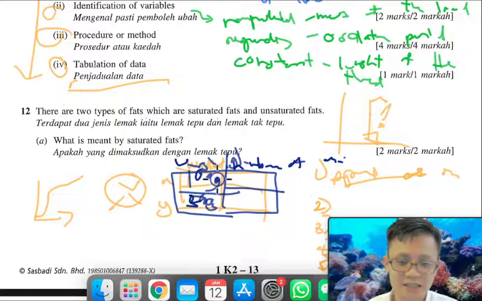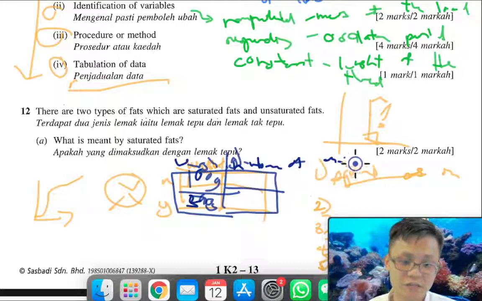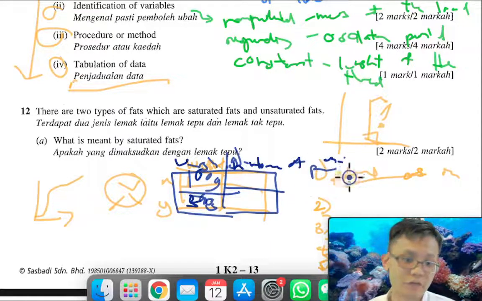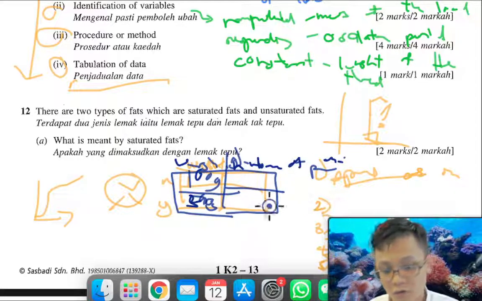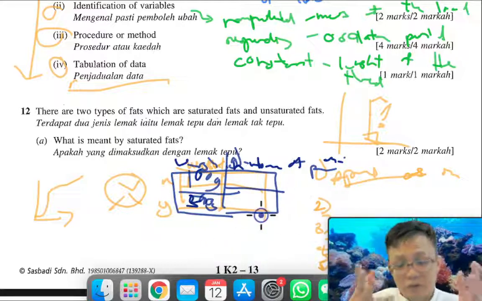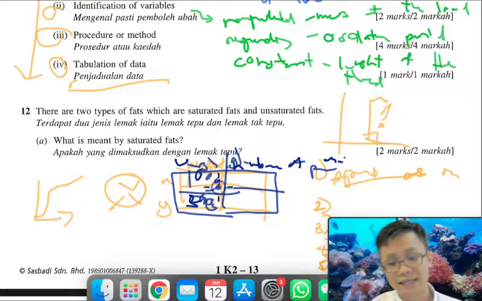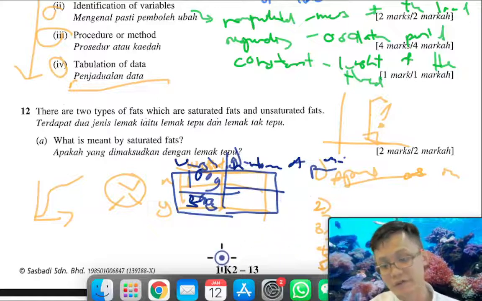So usually the part where students lose marks is the unit. And for number of oscillation, you can put per minute if you want. The marking scheme doesn't require it, but you write more in case, because I don't know what the marking scheme wants. It shows the examiner that you understand the experiment.